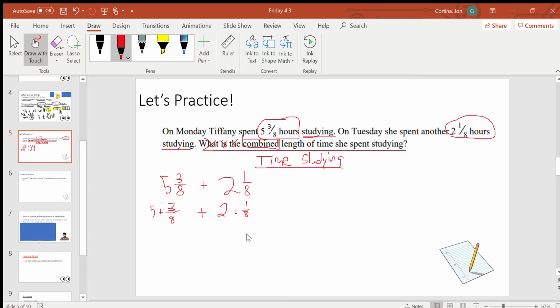Okay, so we're going to start by combining wholes. We have 5 and 2 equals 7. So we combined our wholes. Now we're going to combine our fractions. We have 3/8 plus 1/8.